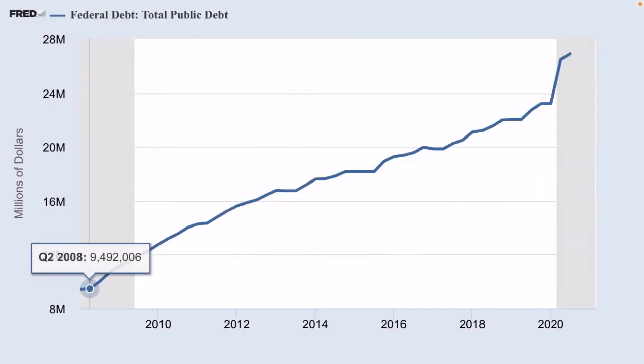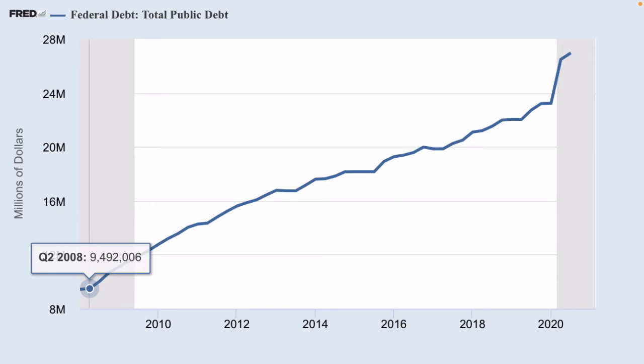So in this chart, you can see that the chart is showing from around 2008 to 2020, and the debt in 2008 in the second quarter was 9.4 trillion. And once we got into 2020, it was 26.9 trillion.